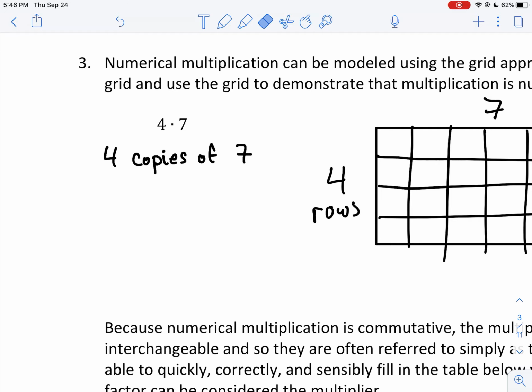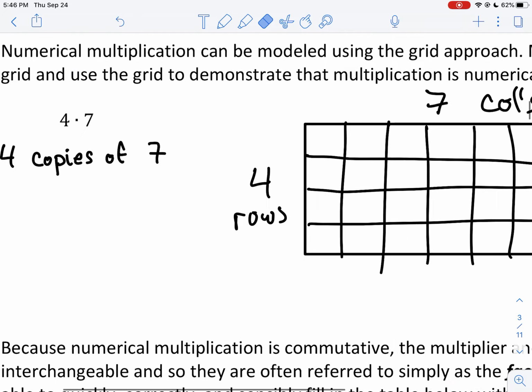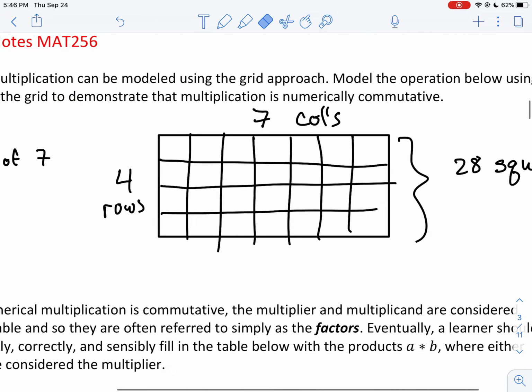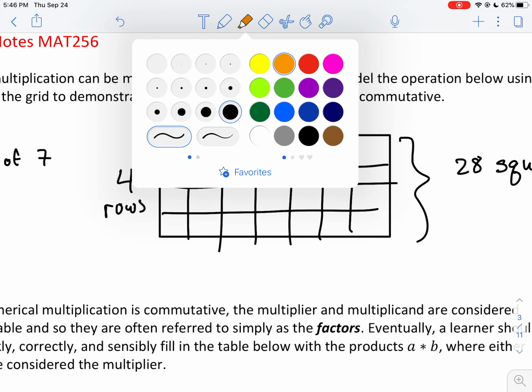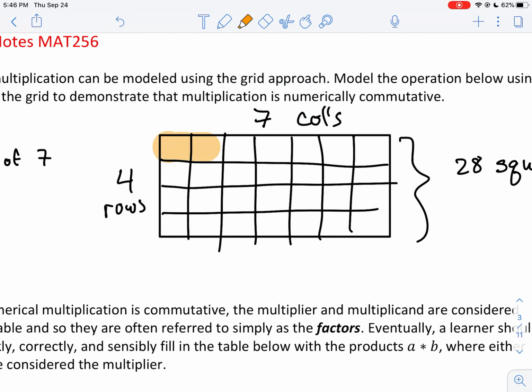4 is the multiplier and 7 is the multiplicand. And those 4 copies of 7, well, each row is a 7, right? So you could say, I'll use the highlighter, yes. Okay, so there's 1 copy of 7, a second copy of 7, a third copy of 7, and a fourth copy of 7.